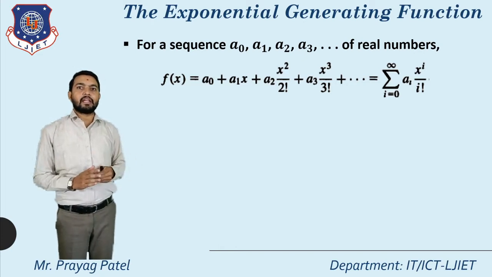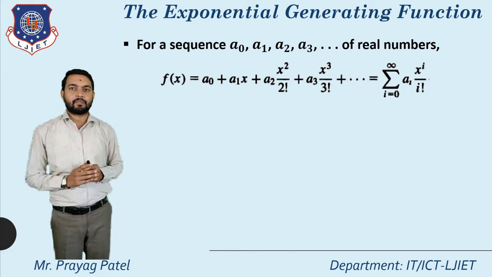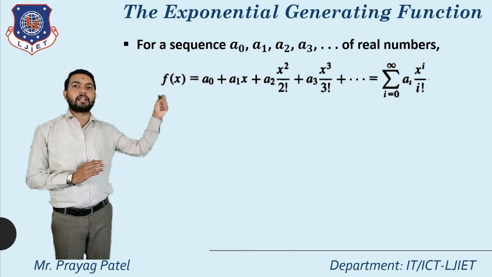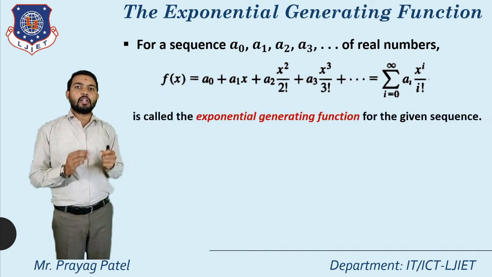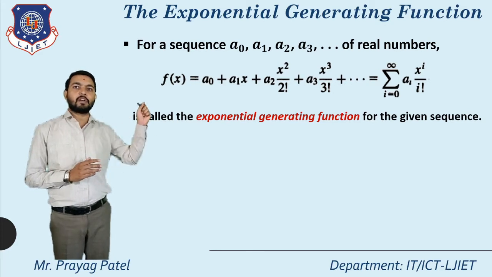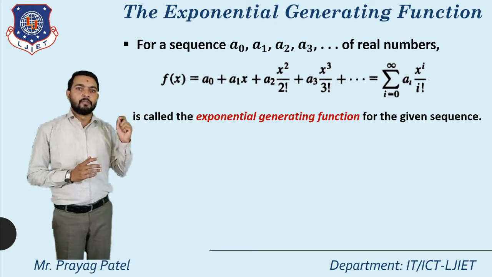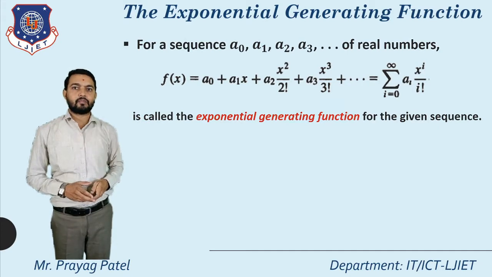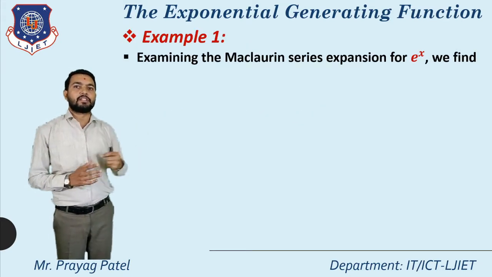So simply we can say that a0, a1, a2, a3 is the sequence, and for this sequence the function f of x is equal to a0 plus a1x plus a2x square by 2 factorial, like this. This is called the exponential generating function for the given sequence. So this function f of x is called the exponential generating function for the sequence a0, a1, a2, a3, like this.